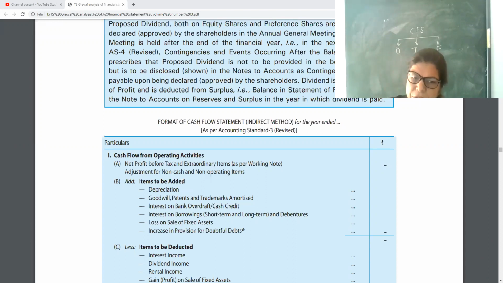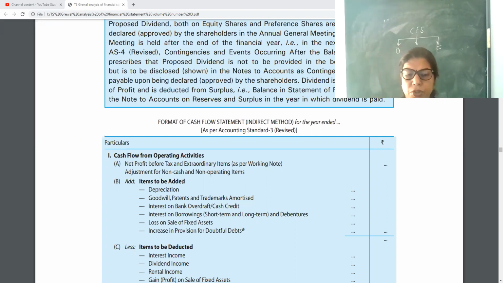So the depreciation write-off, first point, very good. Second point, intangible asset write-off, not the purchase, write-off. Goodwill, patent, trademark amortized, means these three intangible assets.